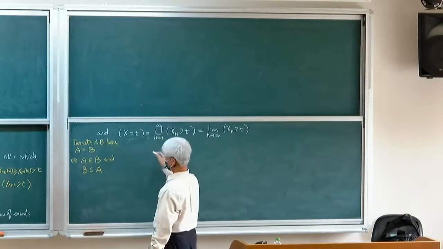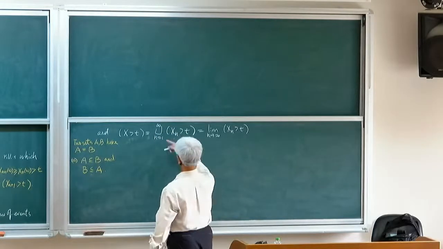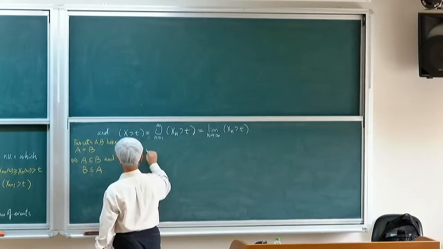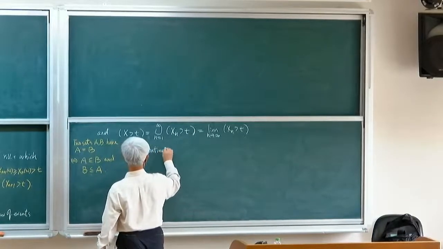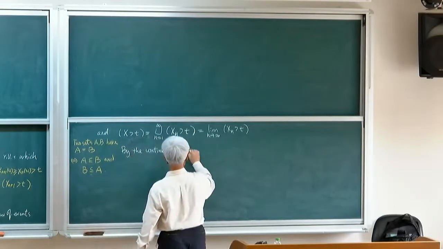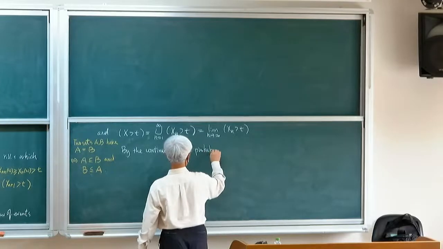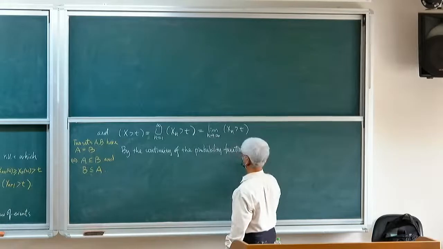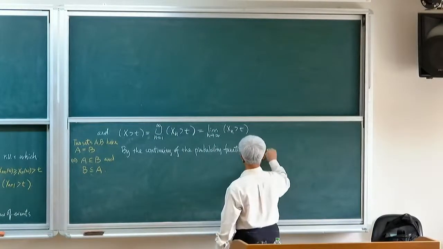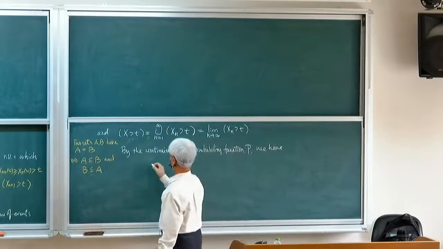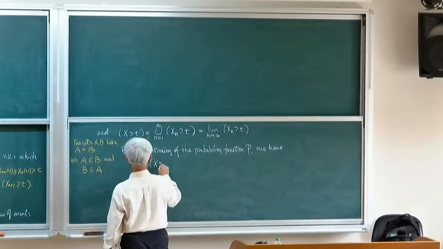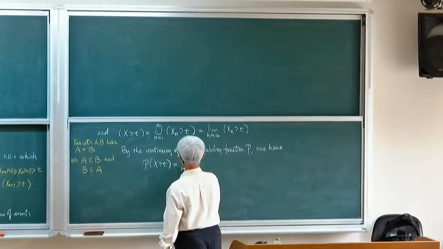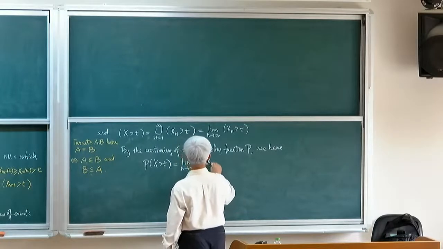All right, so I will not go into detail. And so with that, by the continuity of the probability function P, we have the probability of X greater than t is equal to the limit of the probability of Xn greater than t.